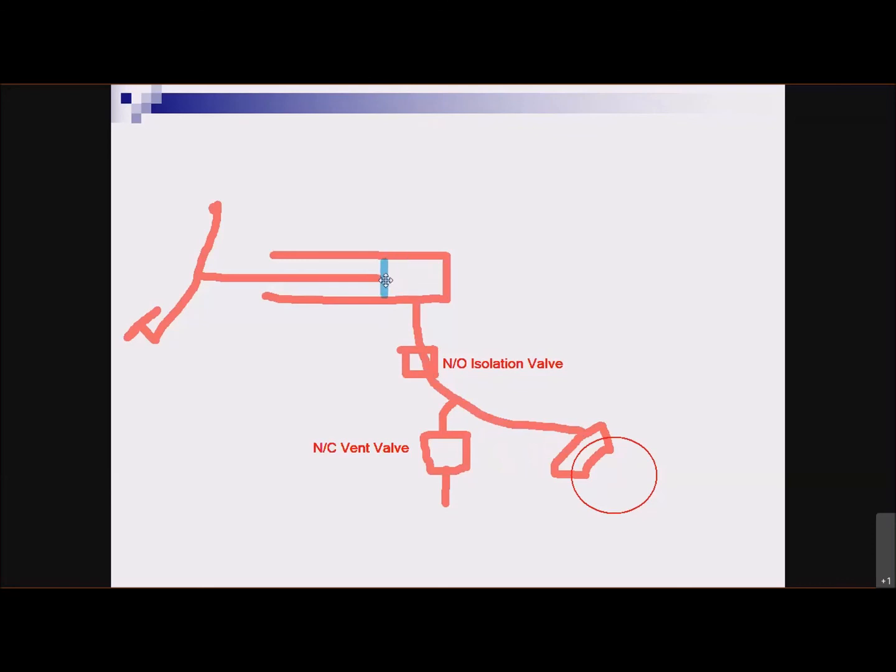And so typically there is an electric pump. So let me draw the electric pump here, right? And that electric pump can kick on and actually push fluid back into the system.